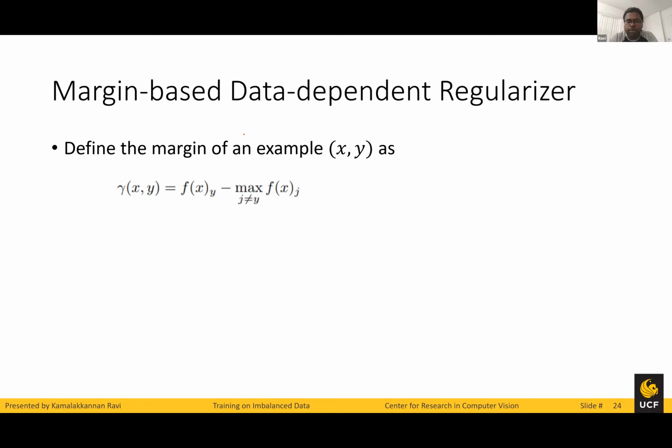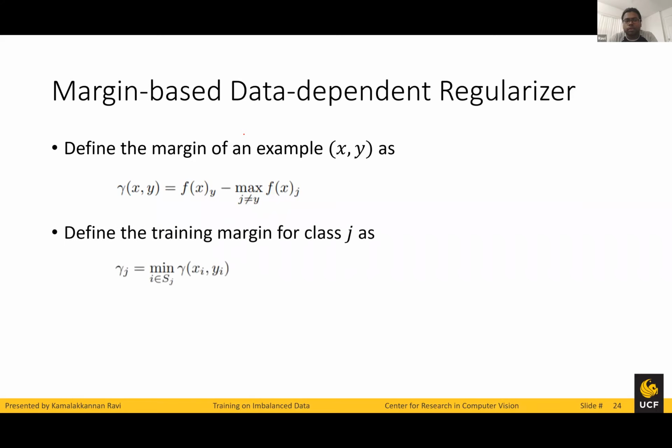That's with binary. What if we have multi-class? In multi-class classification, the margin would be the distance between the prediction of that sample and the second largest logit. So that's how we define the margin.